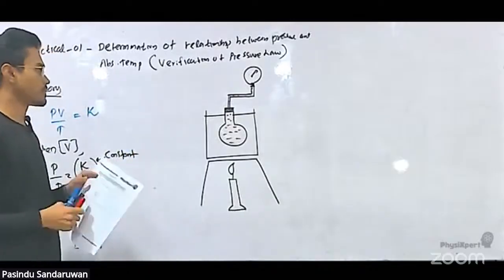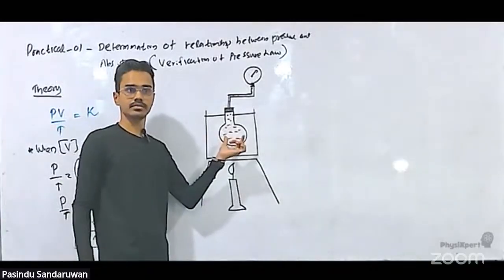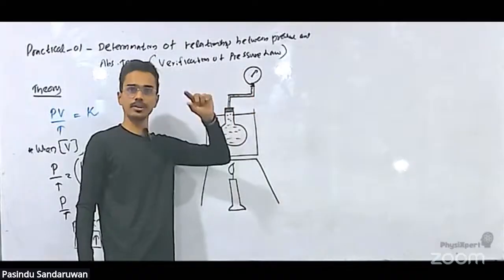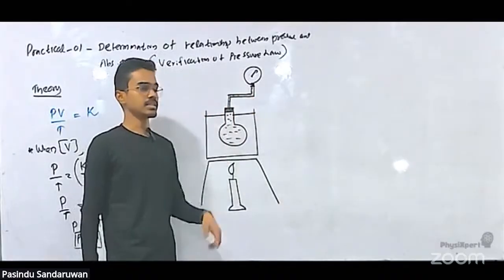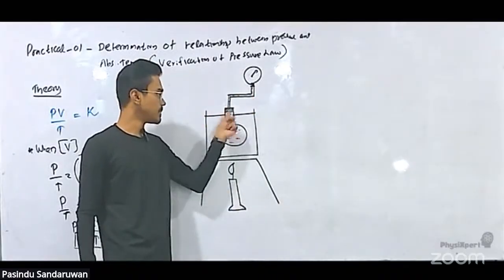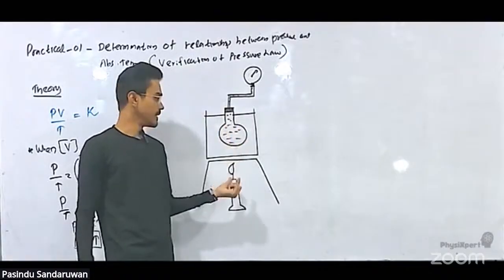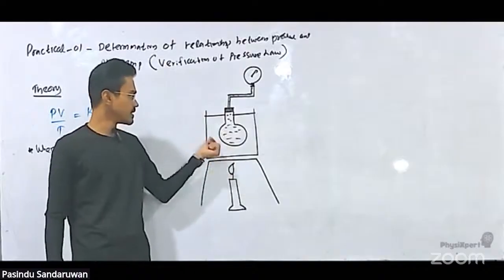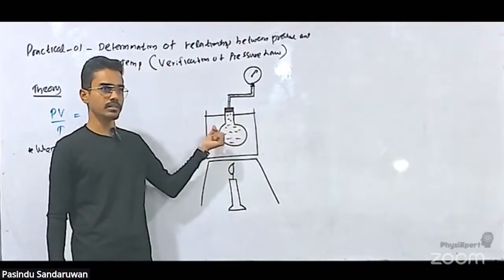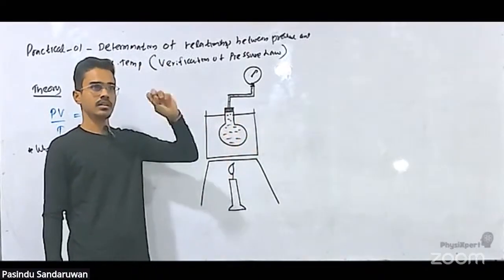But with respect to the volume of the container, this is a very small tube, a capillary tube, to minimize the percentage error. Because we are going to heat this gas. When the Bunsen burner is heated, the water around will be heating.